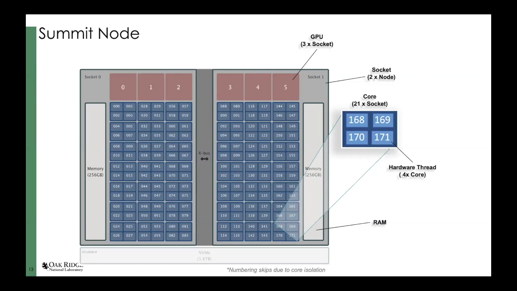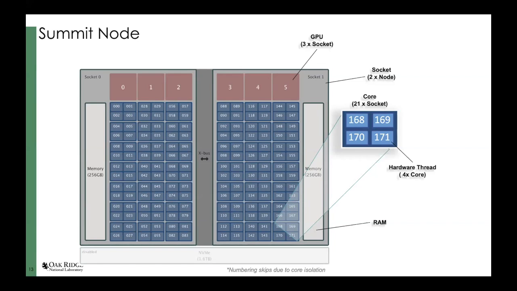So even if you're not using those hardware threads in the examples that you run on the machine, it may say you're on 001 and your next task is on 006, and that means that you're on core 0 and core 1.